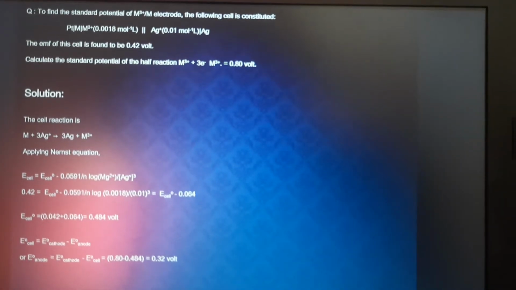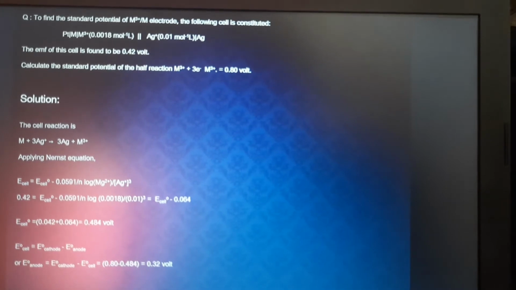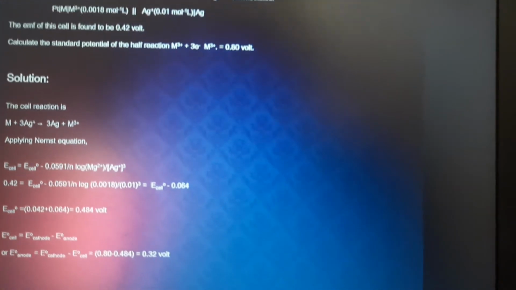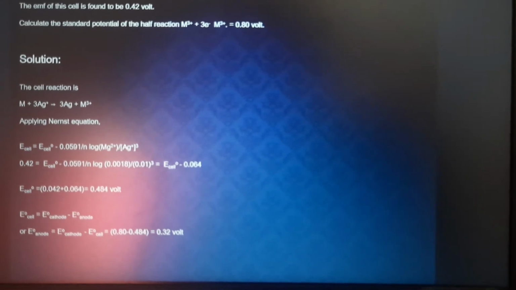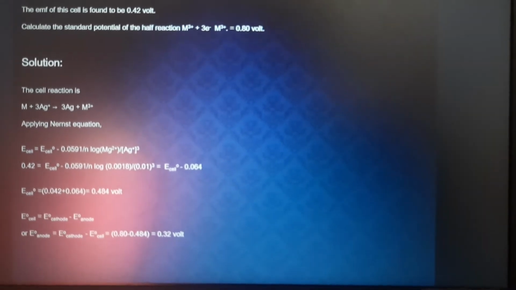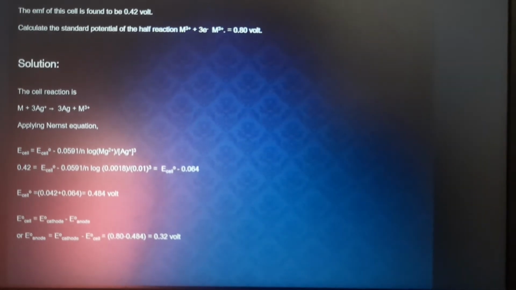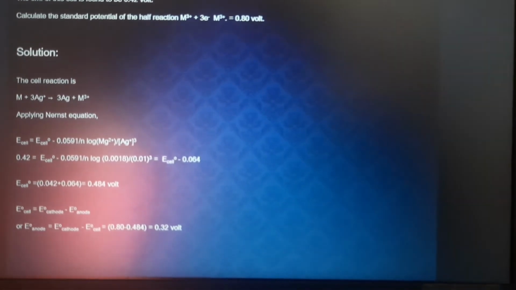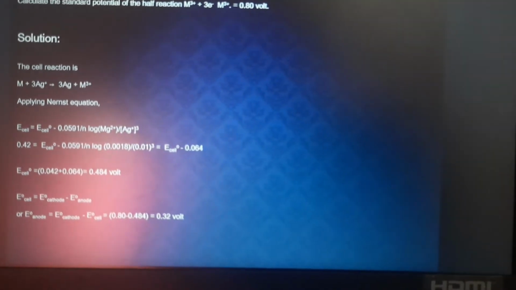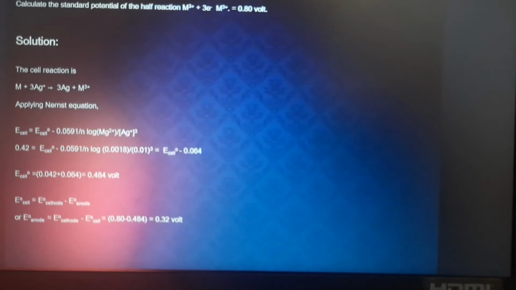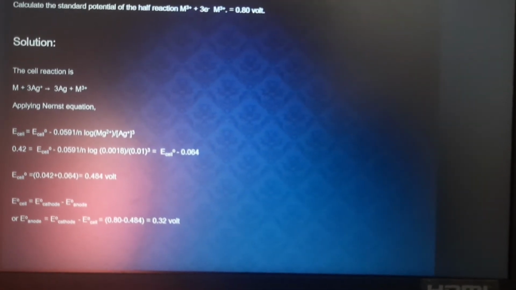So here the E of cell is given, that means electromotive force is given, and you can see that the equation has been written, and we have taken the value of EMF from the question, and E naught cell appears to be here 0.484 volt, and E naught of cell is the total measurement of cathode potential and anode potential.